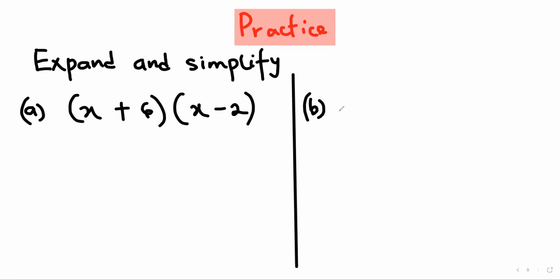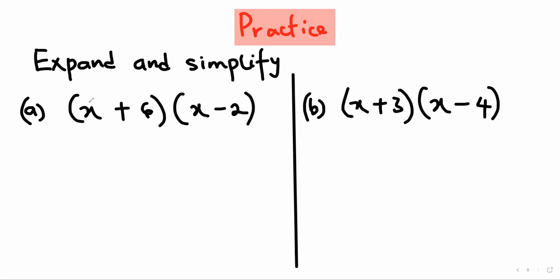Question B, let's say x plus 3, and then in the bracket here, x minus 4. I'm done. Okay, so this is how we're going to work it, and then check if your answer is going to be correct.